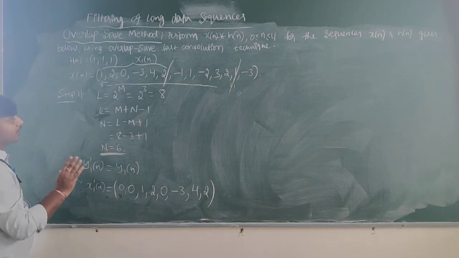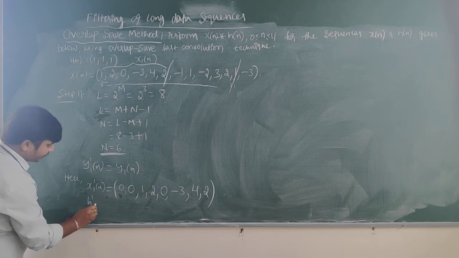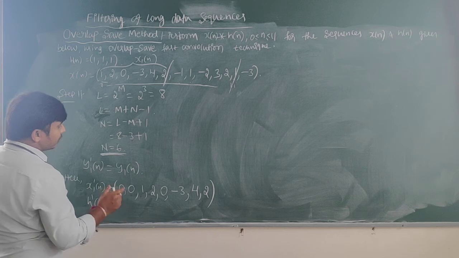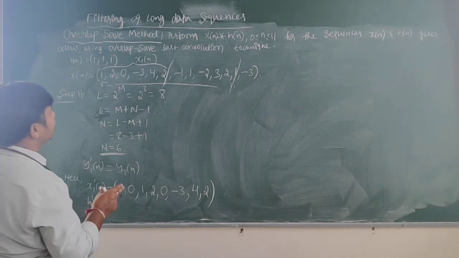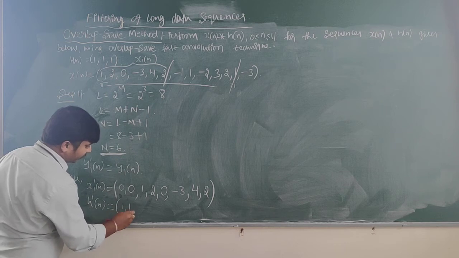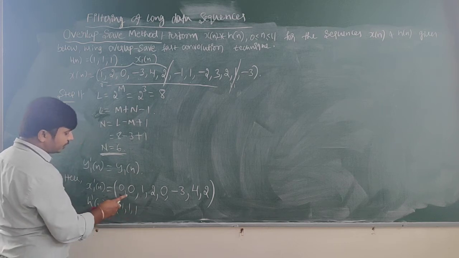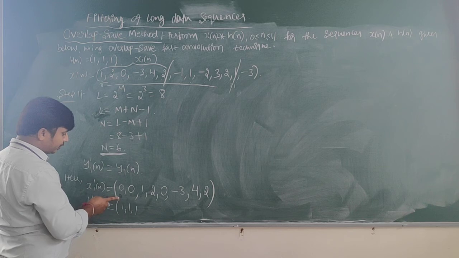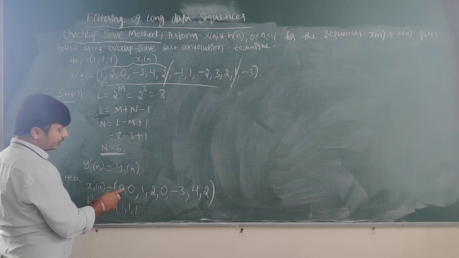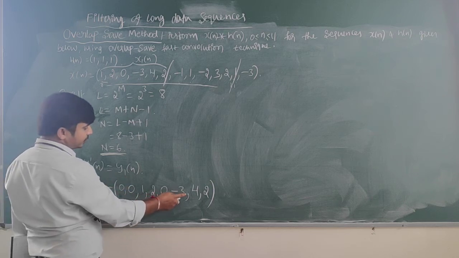Okay, so what is h dash of n? The first entries will be the entries of h of n, which is 1, 1, 1. I need to make the length of this h dash of n equal to this x1 dash of n. What is the length of x1 dash of n? It is equal to 8: 1, 2, 3, 4, 5, 6, 7, 8.